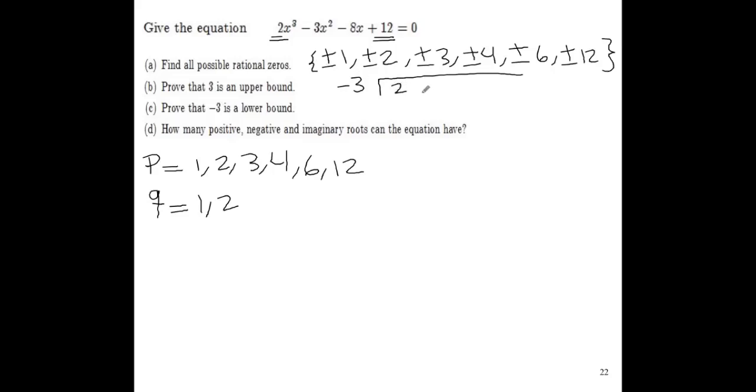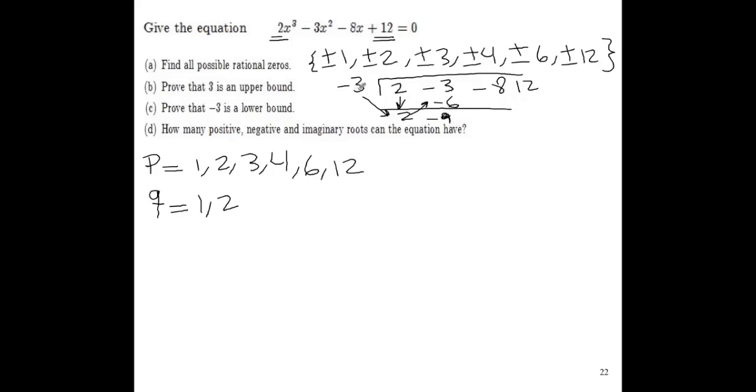It would be 2, negative 3, negative 8, 12. So if I bring the 2 down and follow the steps for the synthetic division, I get minus 6 here. So it would be minus 9.